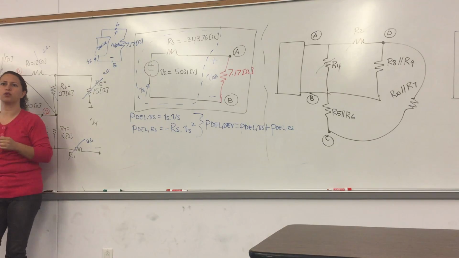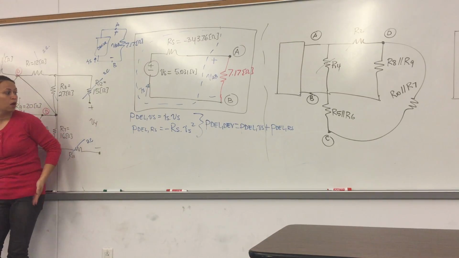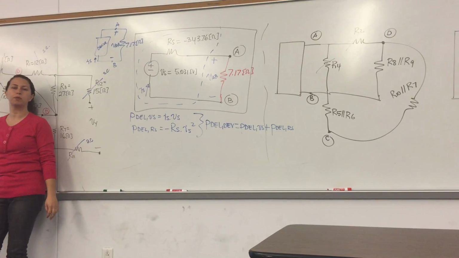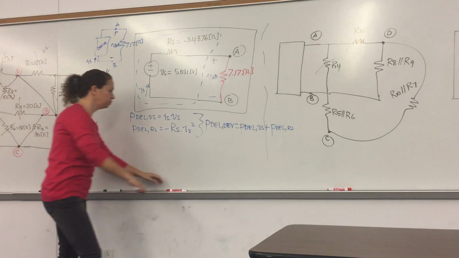Question? Great question. Yes. The power delivered by RS, why are you making it negative? What is the power absorbed by RS? RS times IS squared. Yeah. So power absorbed by a resistor.